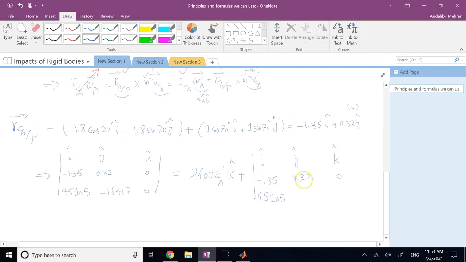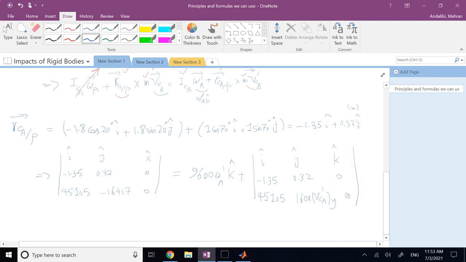The other one, which has the Y component, I don't know, so I'm going to write it as 1600, which is the mass, times the velocity of the centroid A, the Y component of it. This is one of the 4 unknowns remaining, and then 0K.